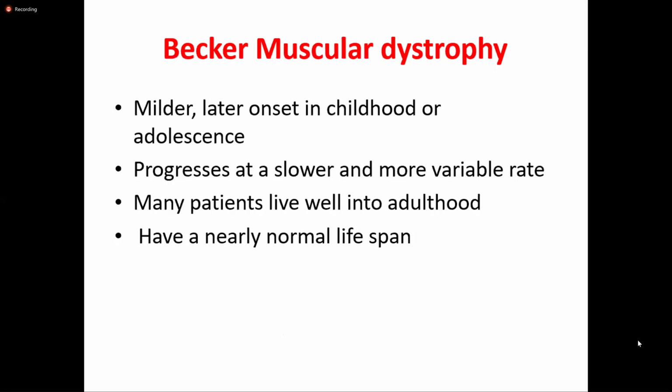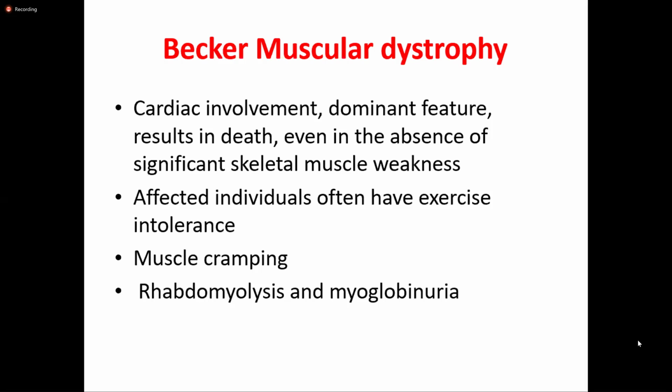It progresses at a much slower rate than Duchenne, because in Duchenne, by the age of 10 years the patient is chair bound, and by the age of 20 years the patient dies, mostly due to respiratory insufficiency, pulmonary infection, and cardiac decompensation. But here, the patient may have a near normal lifespan and can live up to adulthood. The main cause of death is also cardiac involvement.